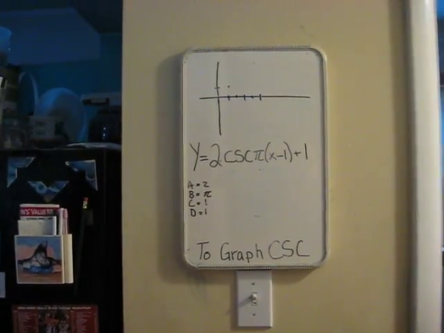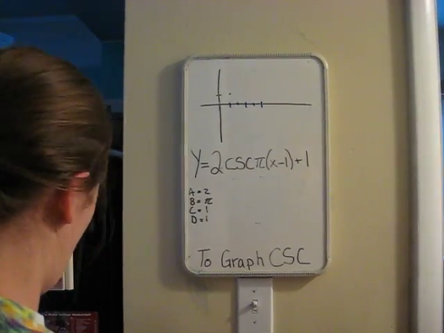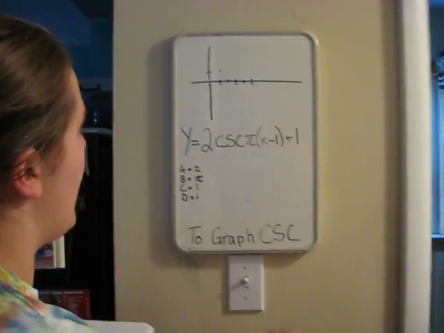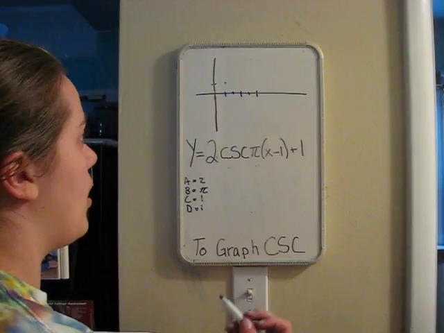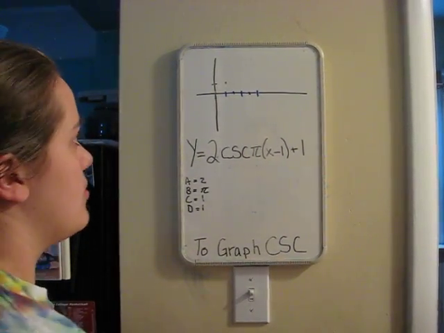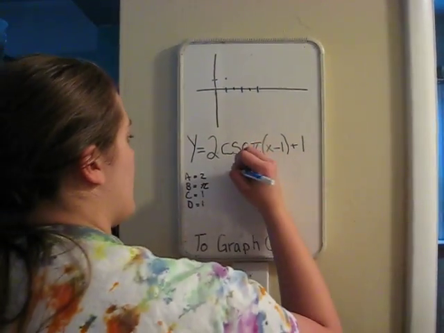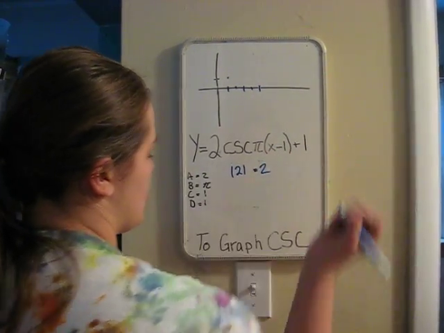So now we have the x-coordinates of all our points, but we don't know the y-coordinates yet. The first thing we need to do to find that out is to find the amplitude. The amplitude is how far above and how far below the middle point, the intercept, the graph is going to go. So to do that, we find the absolute value of a. Absolute value of 2 is just 2.